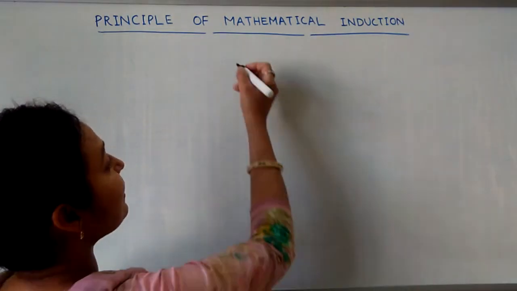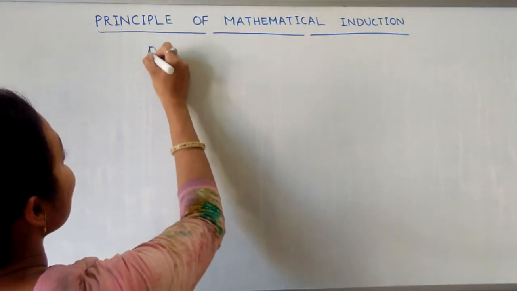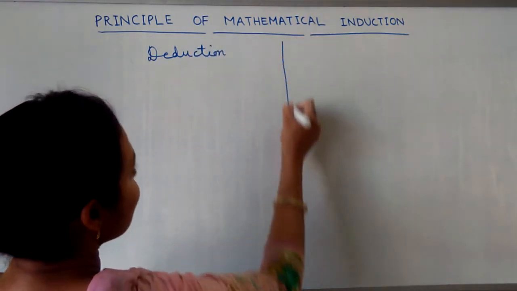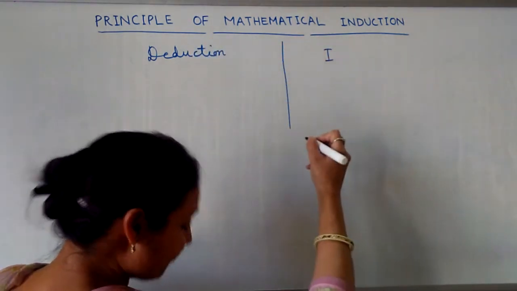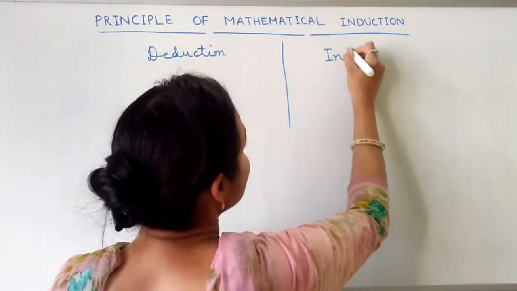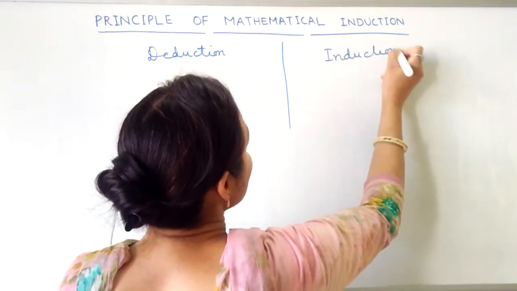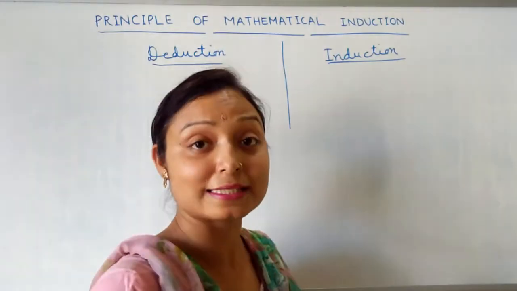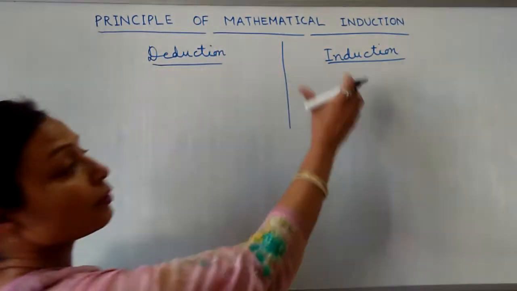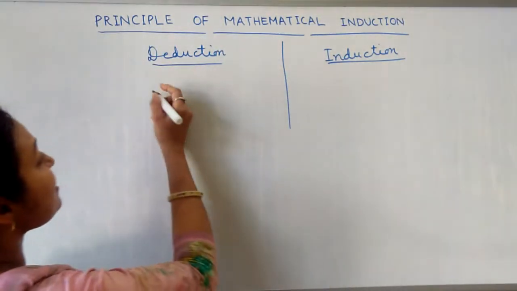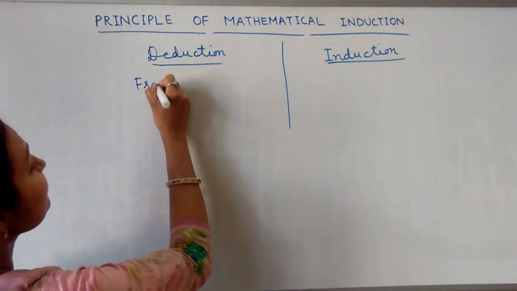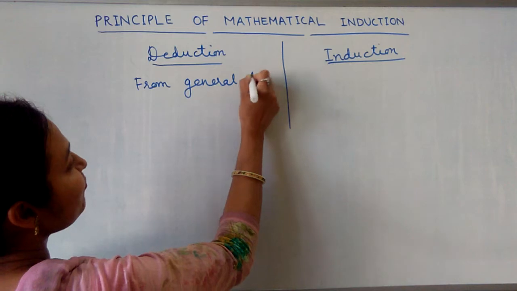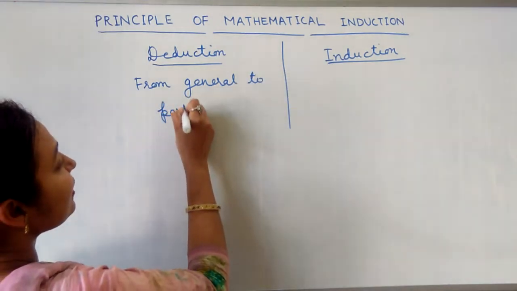So let's start with induction and deduction. First of all, what is deduction and what is induction? The basic difference between induction and deduction. In mathematical concept, in maths, we talk about only the maths. In maths, deduction means from general to a particular result.